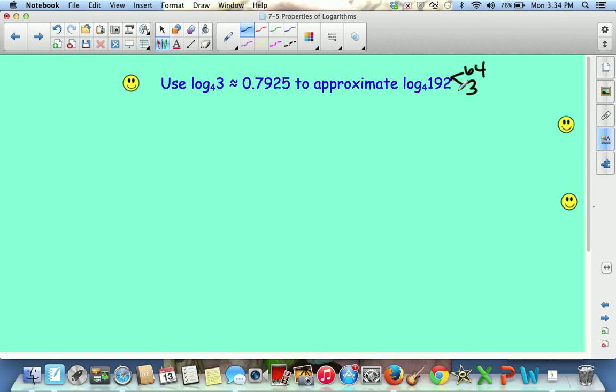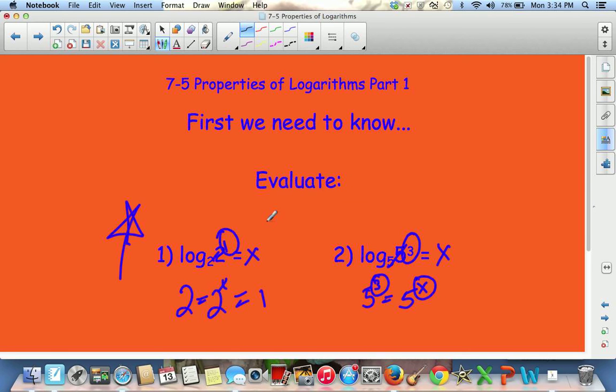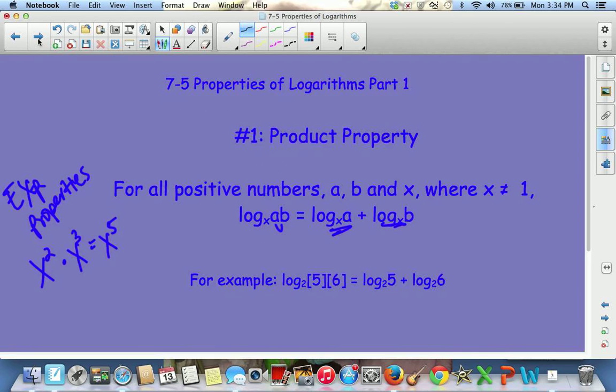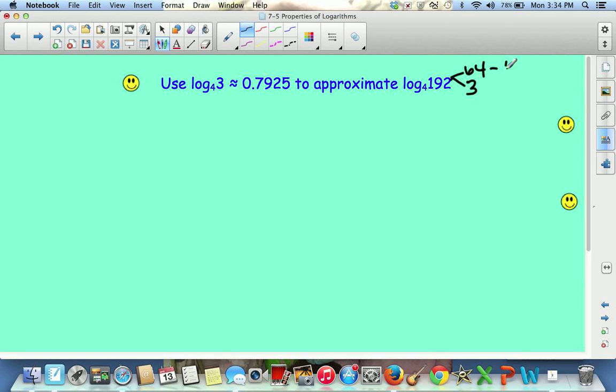Okay, so that's good. 64 then can be split up into, can it be anything with this base? Because we want to use what I just showed you here, where the base and the answer can cancel out. Yeah, we can write it as 4 to the third power.